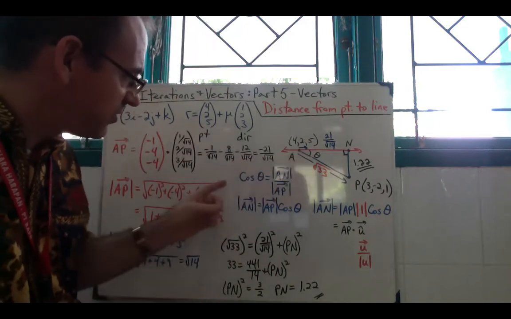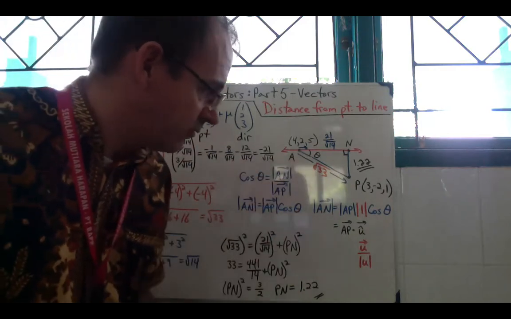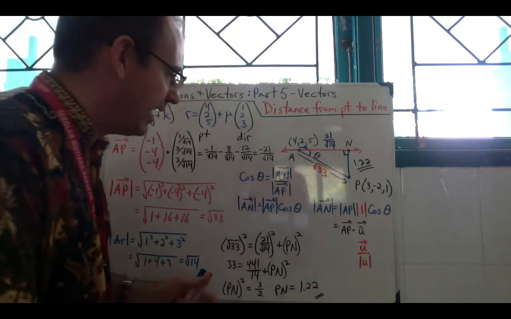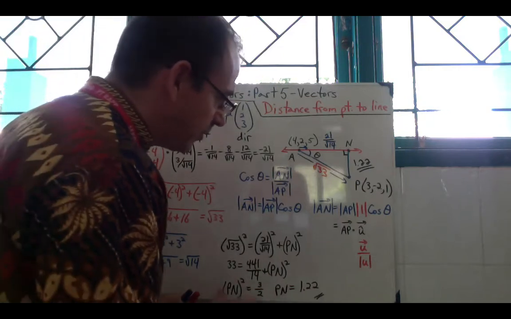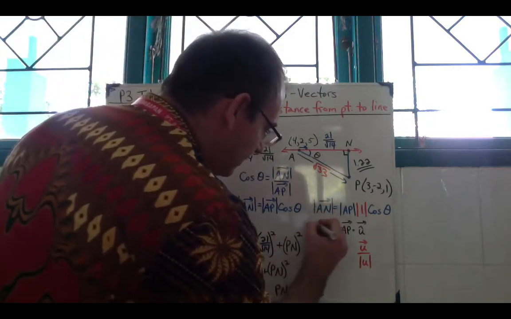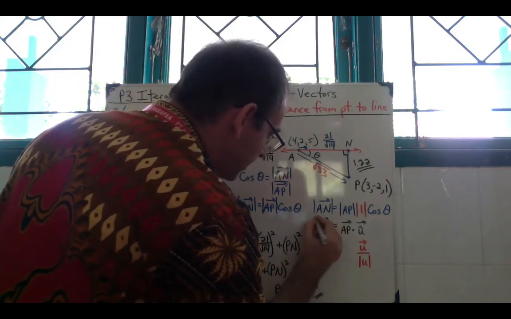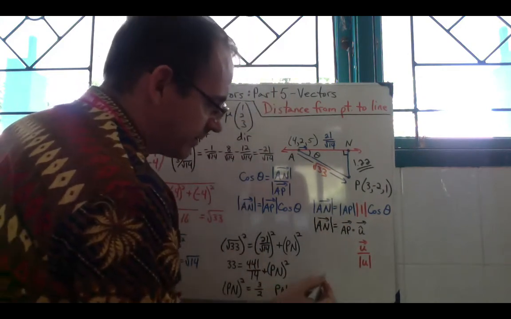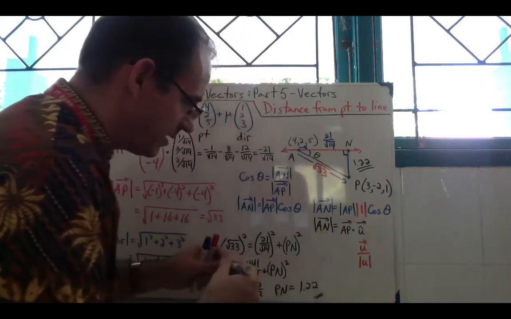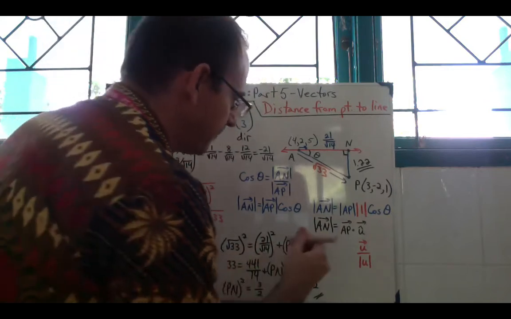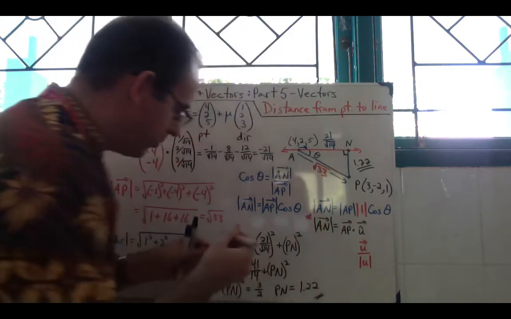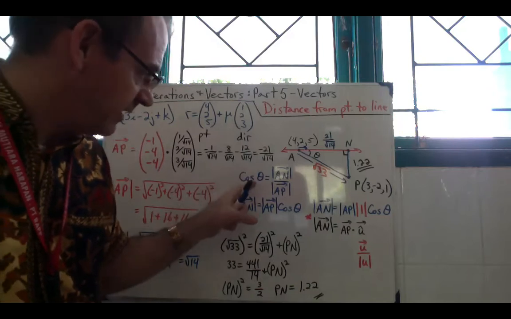Now you don't necessarily have to derive this out every time. You actually should be able to jump right down here to this part right here. Okay, I'm going to put a little asterisk on it. When you get over here, you don't have to start with cosine theta.